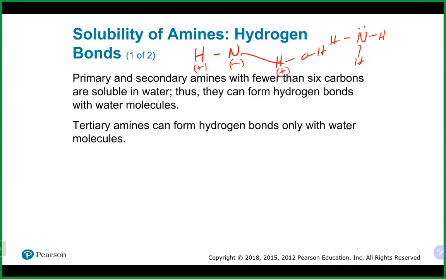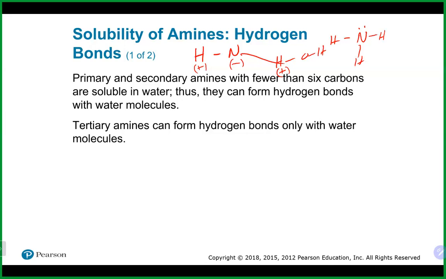Tertiary amines, though, cannot hydrogen bond with water because they have no hydrogen attached to the nitrogen, because it's replaced with all those carbon groups like we saw in the previous example. Because tertiary amines don't have that ability to hydrogen bond with water, it's going to affect its solubility. So it won't be able to really be soluble in water. But primary and secondary guys have those hydrogens that allow them to interact well with water.